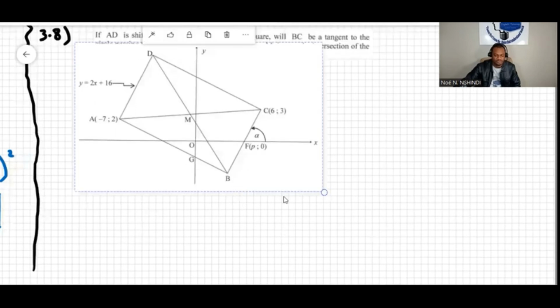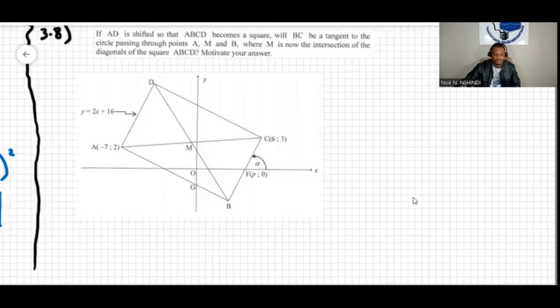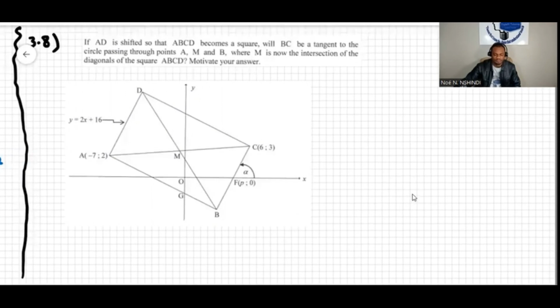Et voila. Now it is said that if AD is shifted so that ABCD becomes a square, will BC be a tangent to the circle passing through points A, M and B, where M is now the intersection of the diagonals of the square ABCD? Motivate your answer.